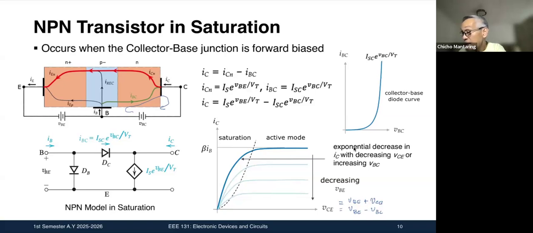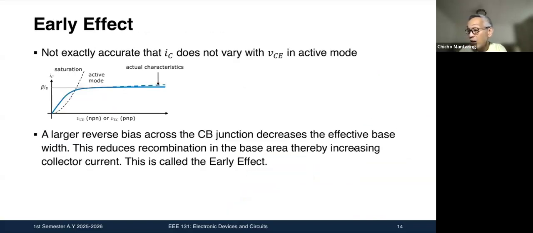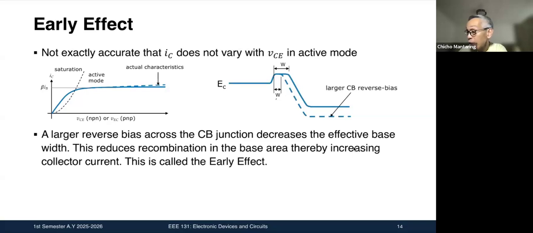If that is increasing, the reverse bias across your collector base is increasing. What will happen? The potential energy drop from your base to your collector will become bigger.